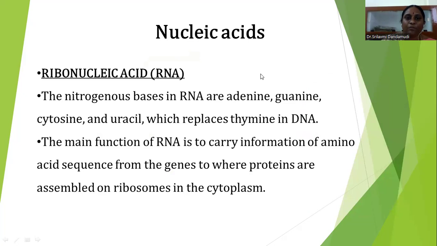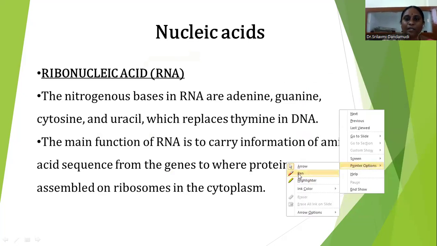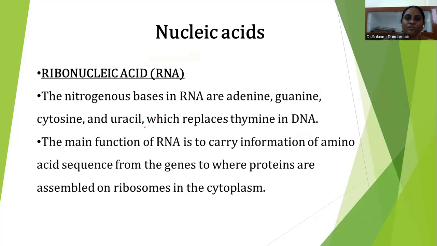Next, ribonucleic acid, which is nothing but RNA. It also contains 4 bases: adenine, guanine, cytosine, and instead of thymine, here we have uracil. DNA contains thymine and RNA contains uracil.